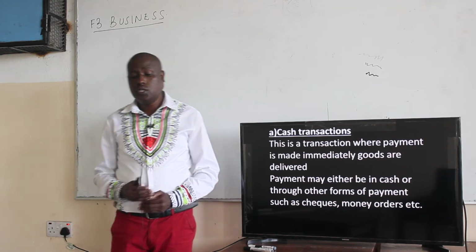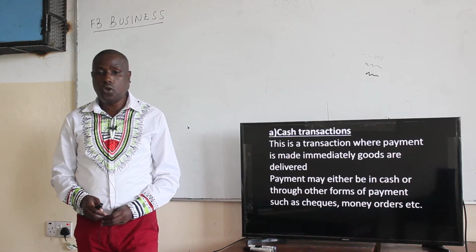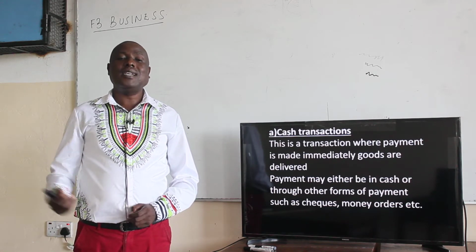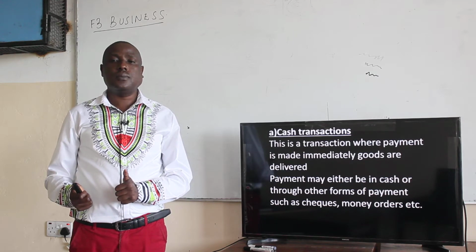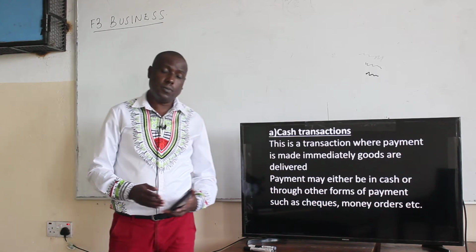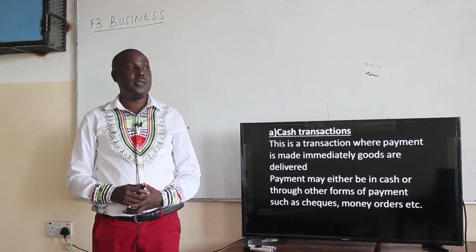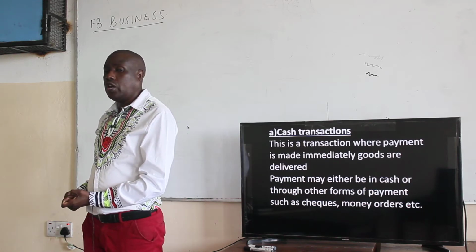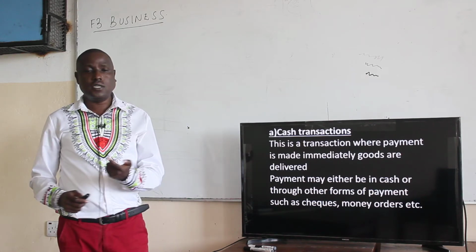You can go to the supermarket, do your shopping, and pay using M-Pesa. That is a cash transaction. You can come to look for tuition space for a student, then you pay using a check. That is a cash transaction.